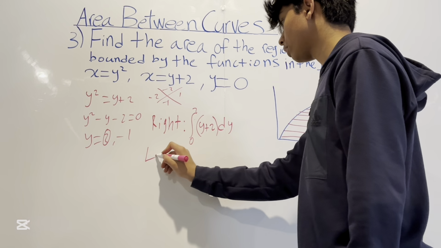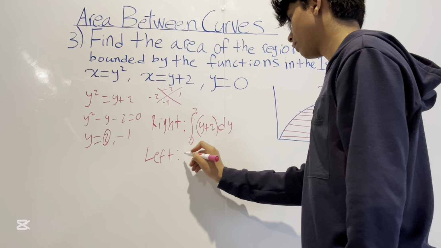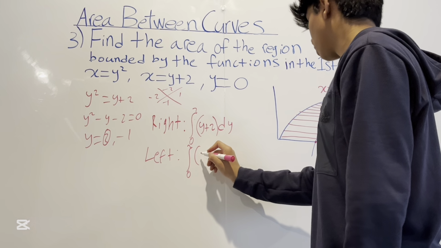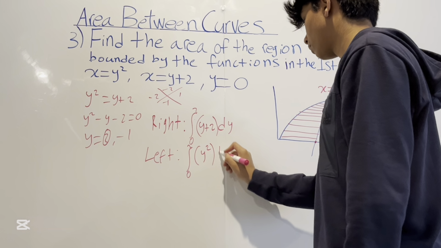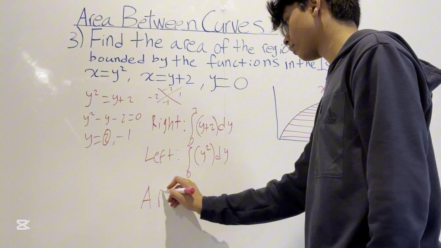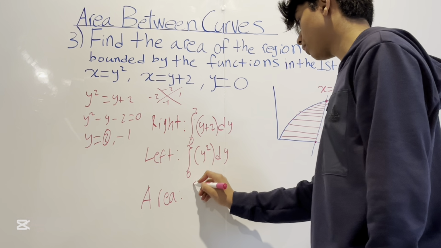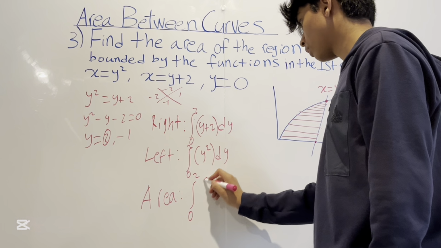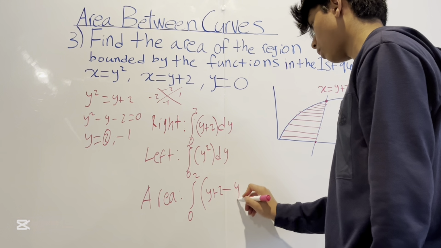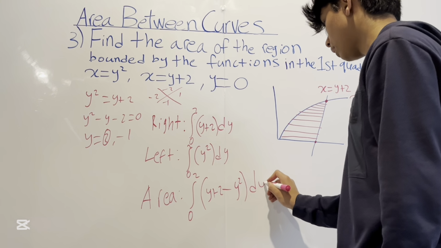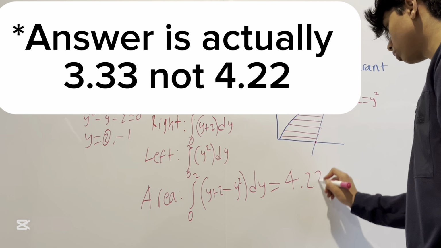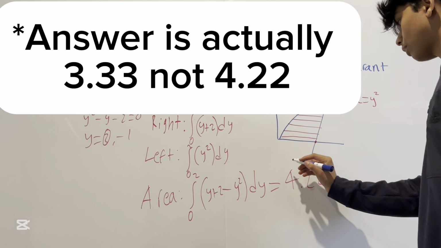And our left is also from 0 to 2, and it's going to be y squared dy. So our total area is going to be from 0 to 2, right minus left, y plus 2 minus y squared dy, which is equal to, if you plug it into your calculator, 4.22. And this is our final answer.